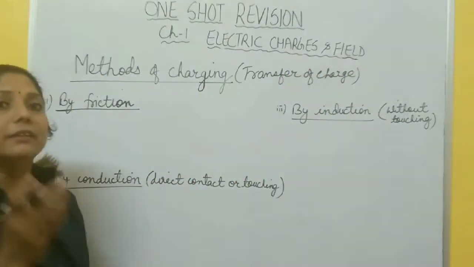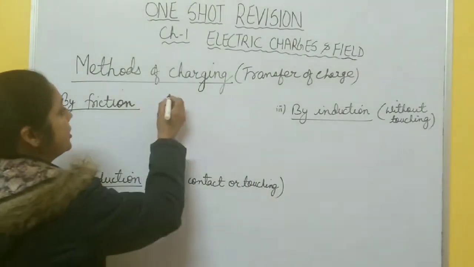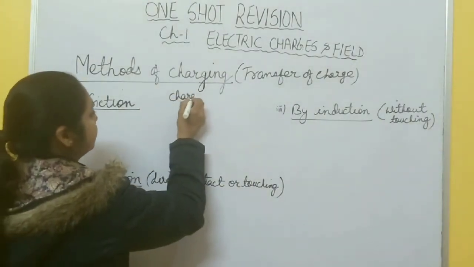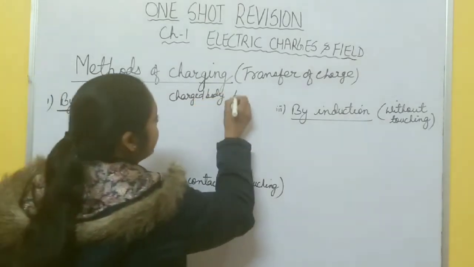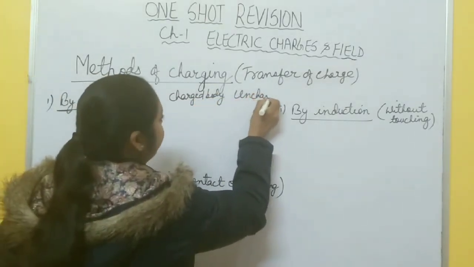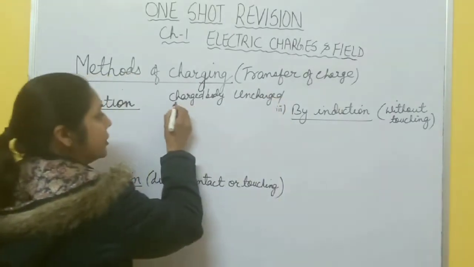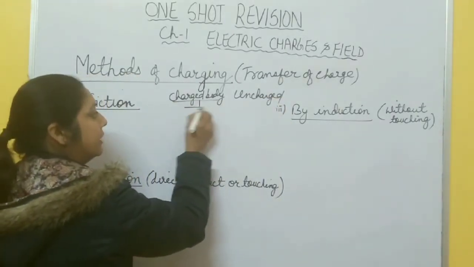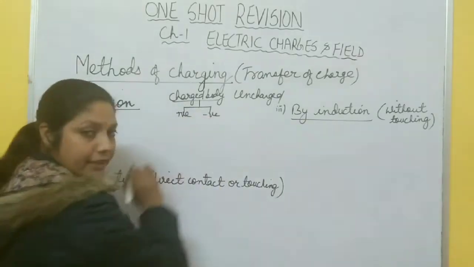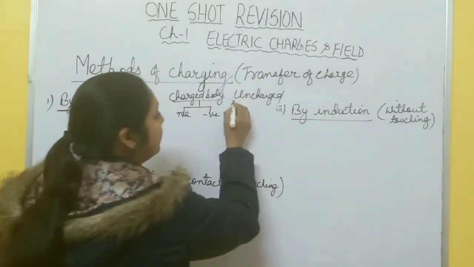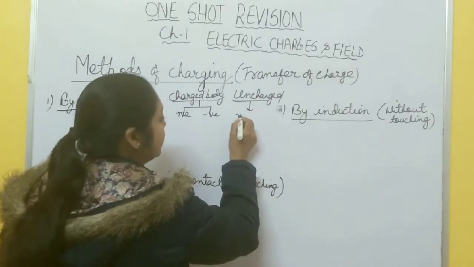You know that there are two types of body. One is a charged body, and another one is an uncharged body, right? A charged body has either positive charge or negative charge, and an uncharged body means no charge, neutral.